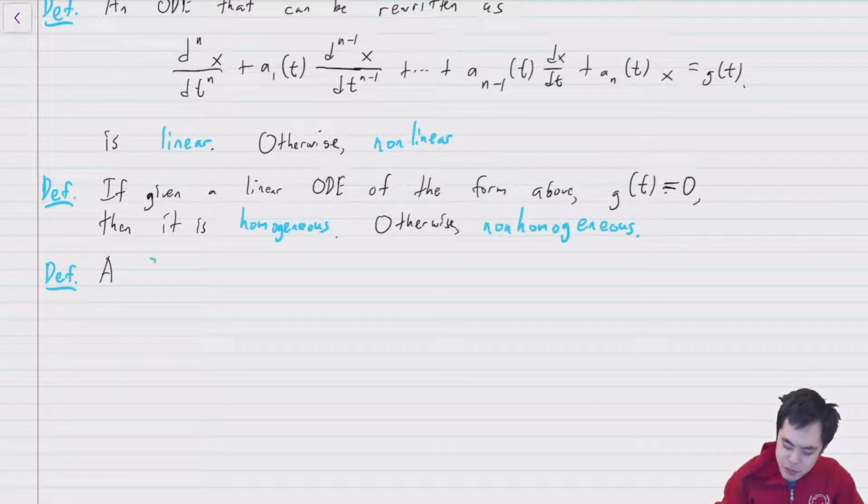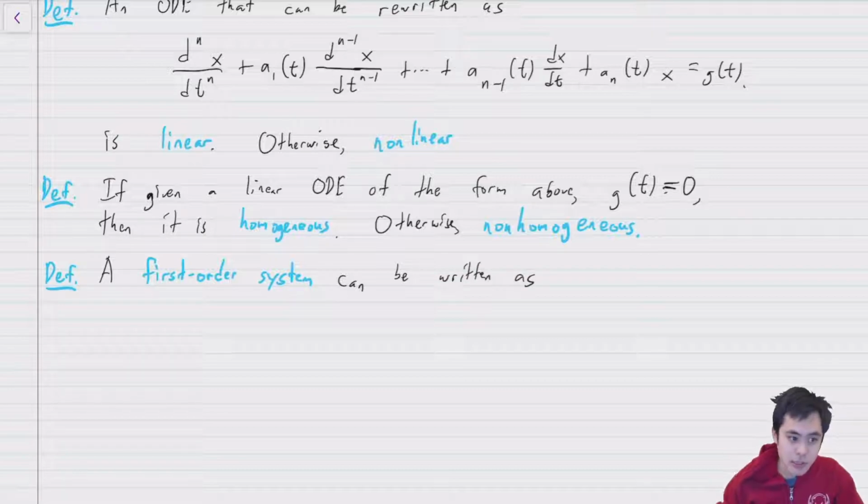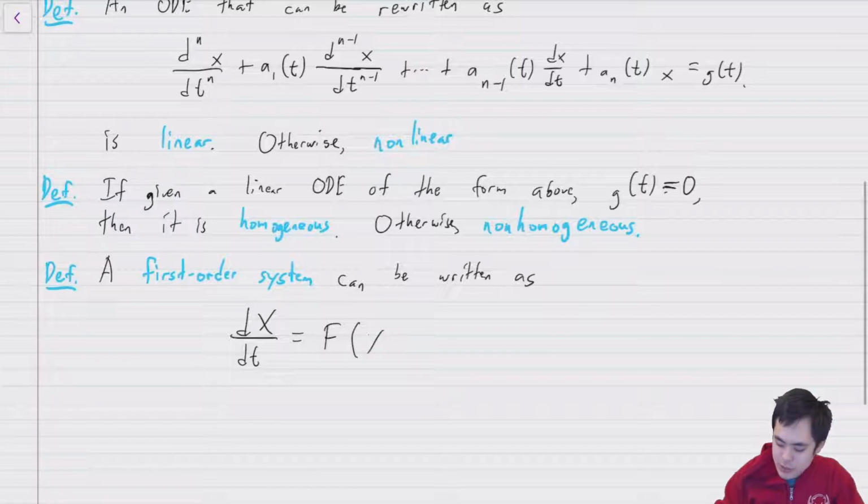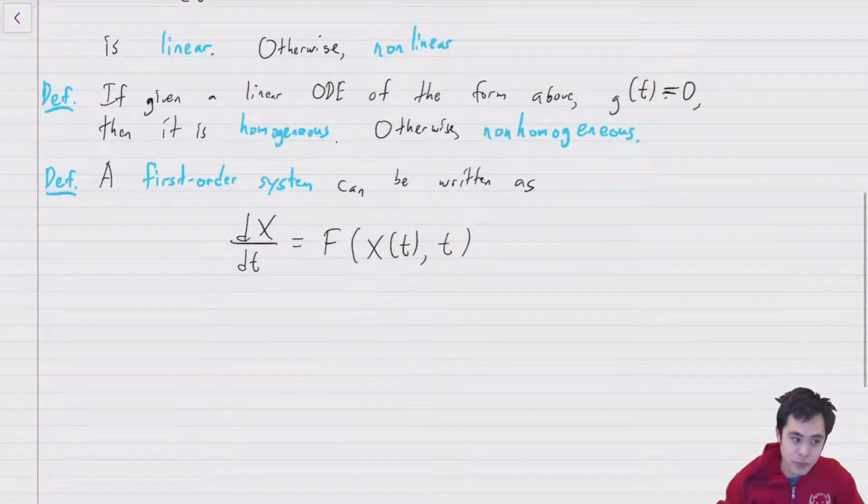So a first order system is one that can be written as, I'm going to write it in matrix form, just because we'll be dealing a lot with matrices in the same way as we did with the difference equations. So this is some function of x of t, where the x here is a vector.